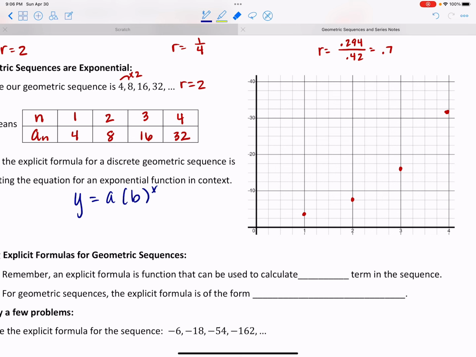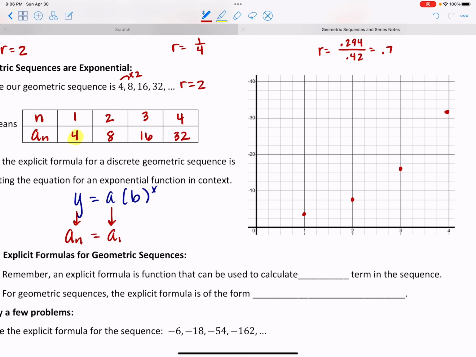So in context, an exponential function would just be y equals a times b to the x. With a geometric sequence, we know that we're going to replace y with a sub n. The starting point here is going to be the starting point here. It's going to be the starting output here. In this case, it's going to be 4. So this will just be a sub 1, the first number.